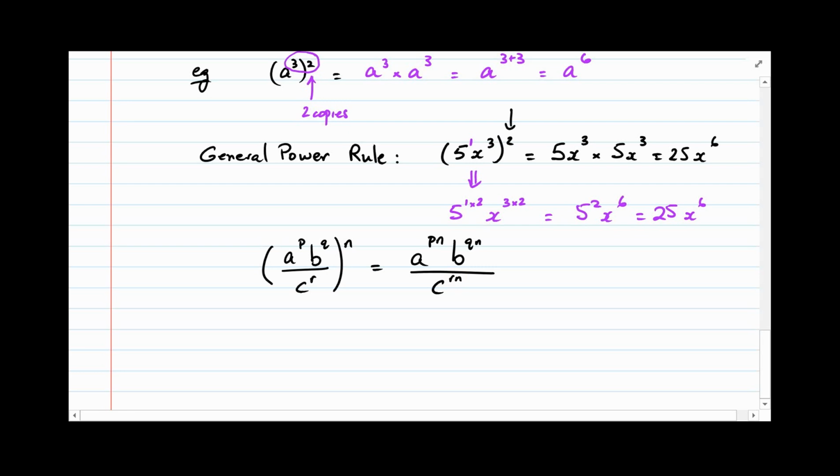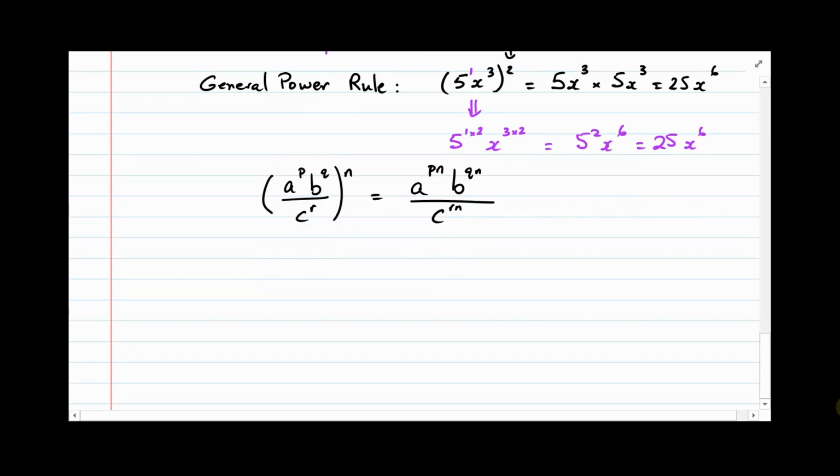Right? So it doesn't matter what's inside, whether it's a product or a single term, all of these items will be raised to the power on the outside.